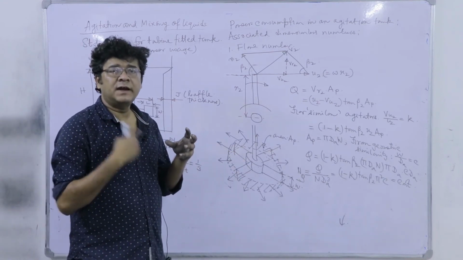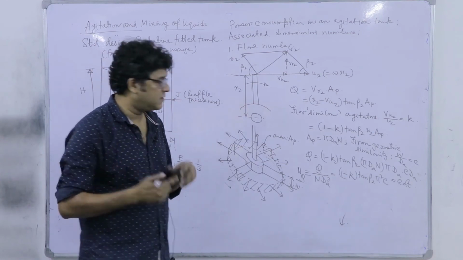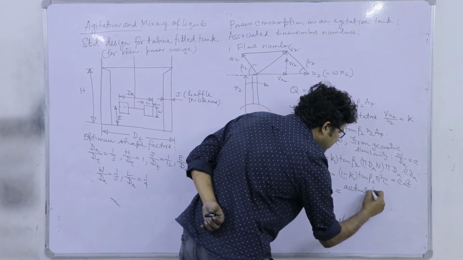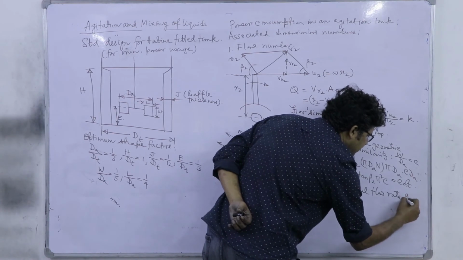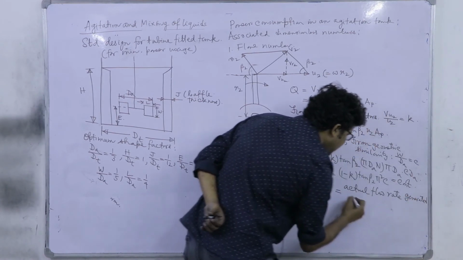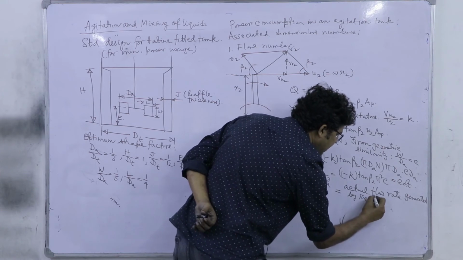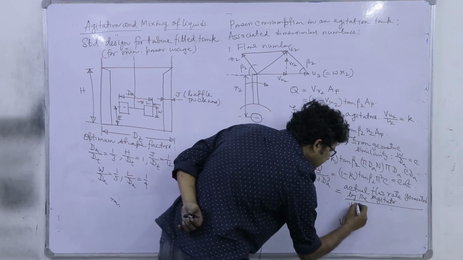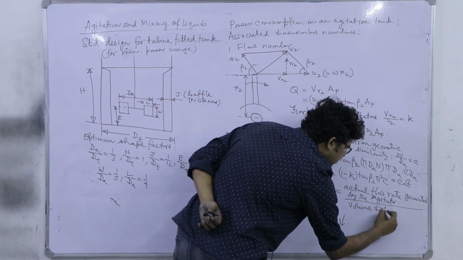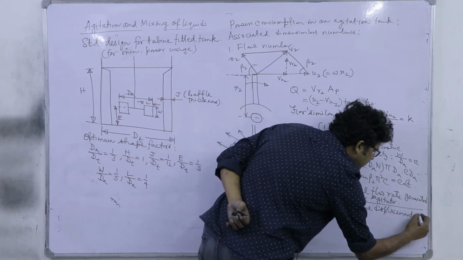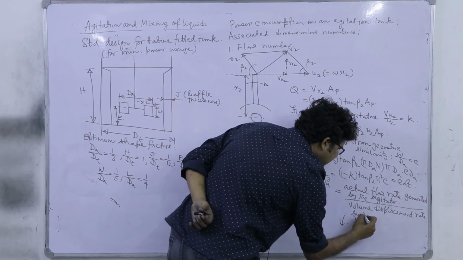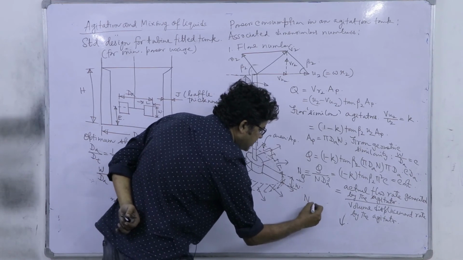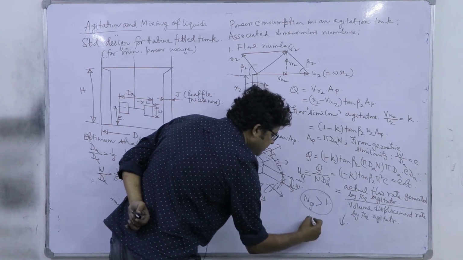It's proportional to the volume displacement rate by the stirrer. So physically, the actual flow rate generated by the agitator divided by the volume displacement rate by the agitator. And often we find that N_Q is greater than 1. Why?